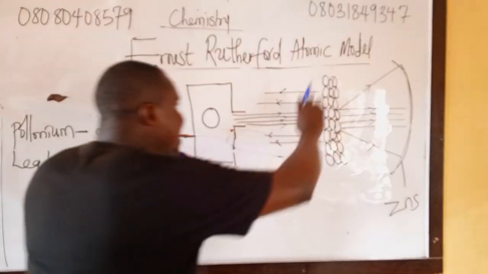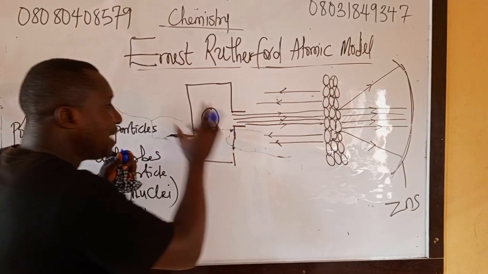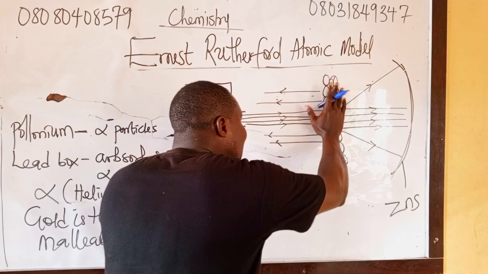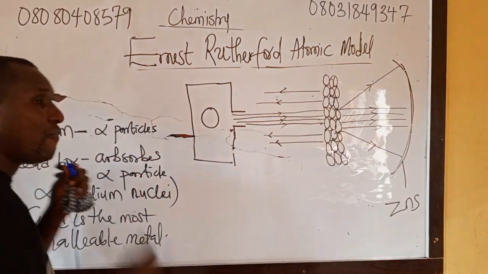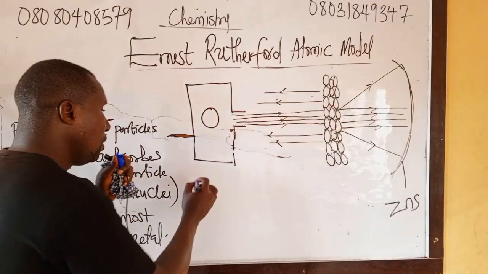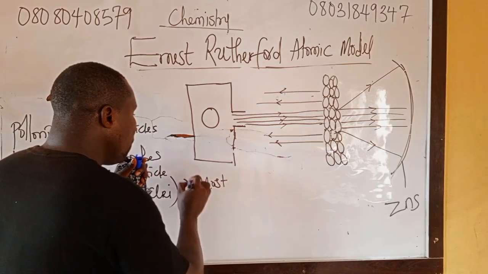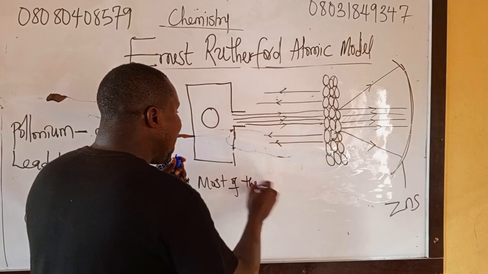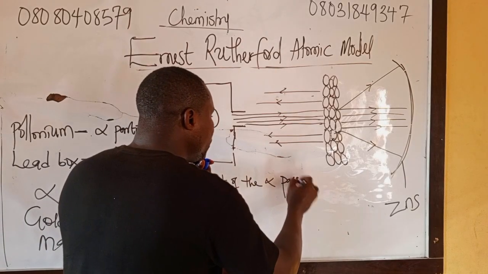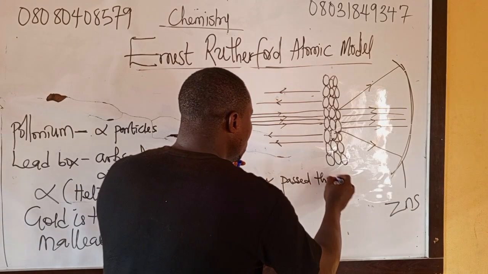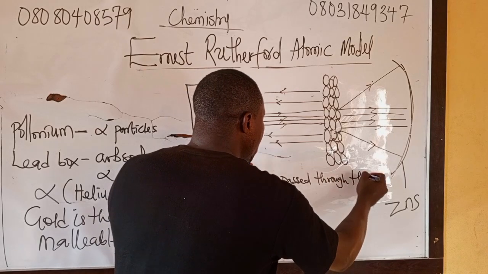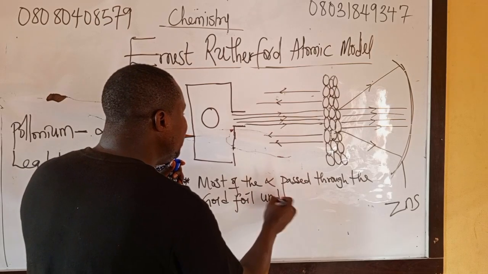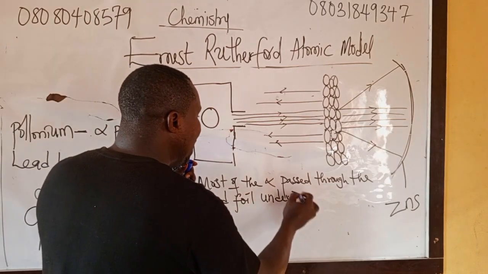When he bombarded the gold foil with alpha helium nuclei, most of the alpha particles passed through the gold foil undeviated.